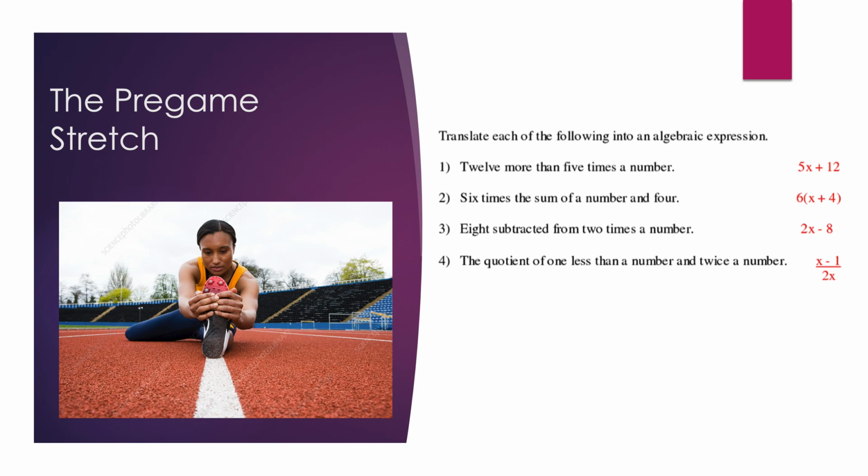Danger, danger, danger, as Steve Irwin would say. So one less than a number, last shall be first, first shall be last, x minus 1. And what is the quotient? Division. That's why the fraction symbol, and twice a number. Twice the number is 2x. So I think those are fairly challenging algebraic expression translation questions, and hopefully you did well.